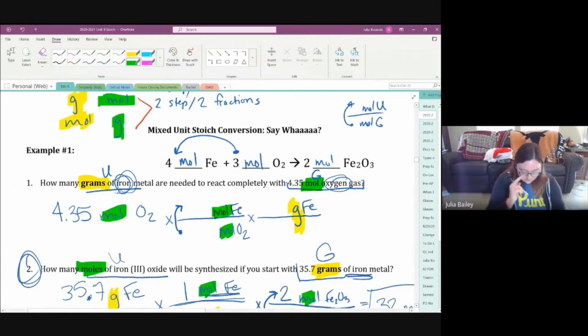Okay. What numbers of moles are you going to use? That would be the coefficients from the reaction. So this 3 and this 4 from the reaction, 3 for moles of O2 and 4 for moles of iron. To finish filling out your final fraction of your conversion, do what goes up must come down again. These moles of iron are on top. They need to come down to the bottom.